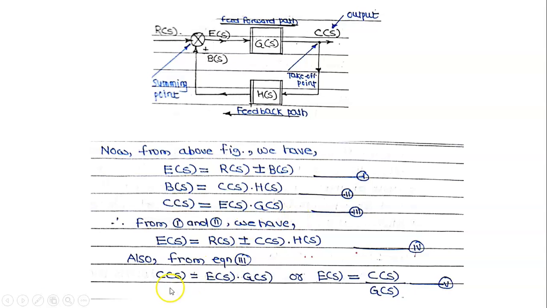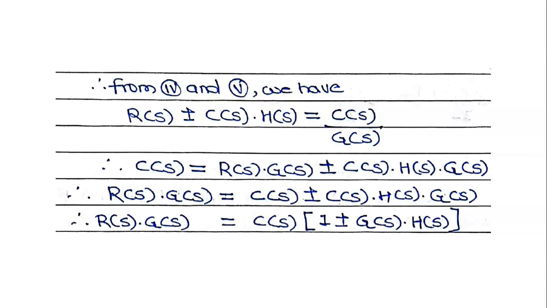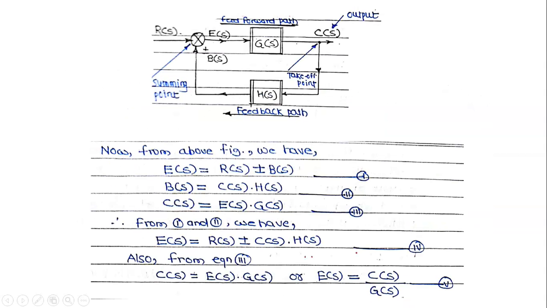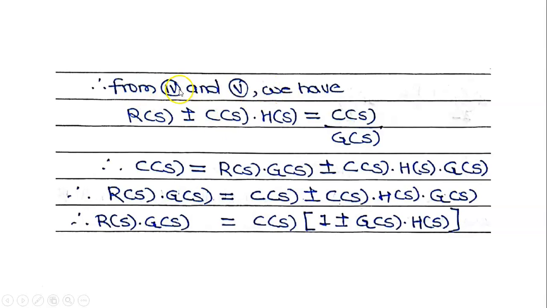Therefore E(s) is equal to C(s) upon G(s), that is equation 5. Now we will substitute the value of E(s) from equation 5 in equation 4. Therefore R(s) plus or minus C(s) H(s) is equal to C(s) upon G(s).